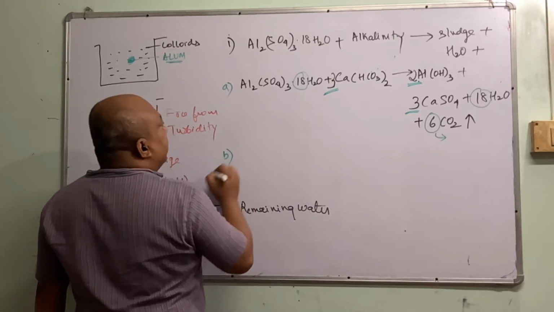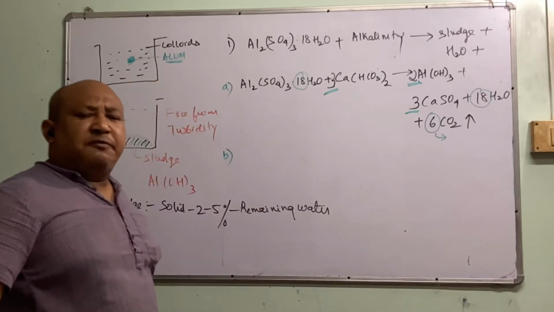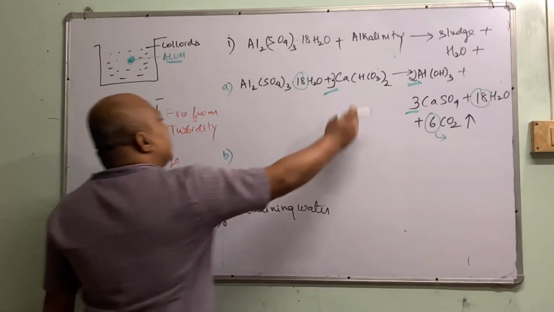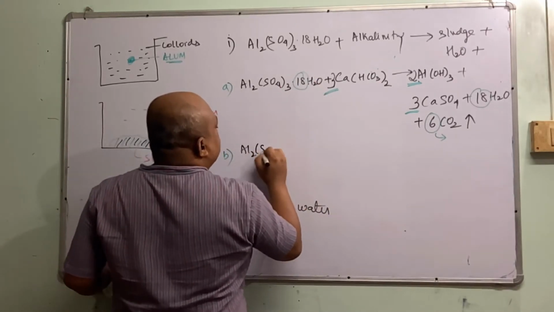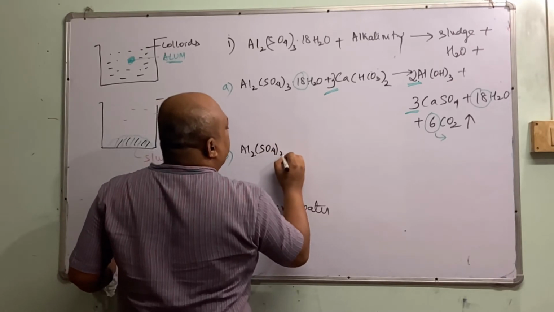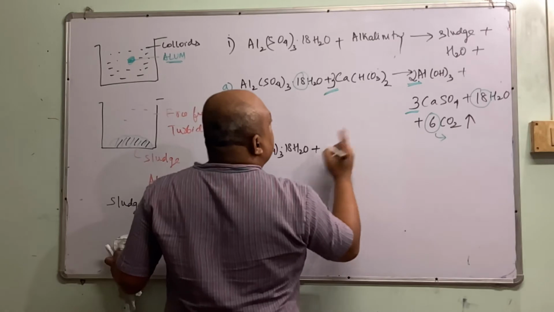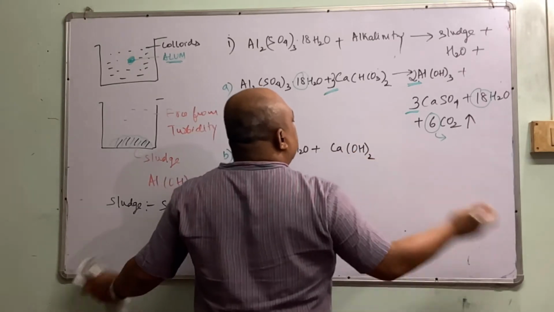Another example I'll give is, because many of the NIT students are quite arguable, which I really appreciate: if it is not HCO3, then what will happen? Al2(SO4)3·18H2O plus, if I say, no sir, make it calcium hydroxide, okay?